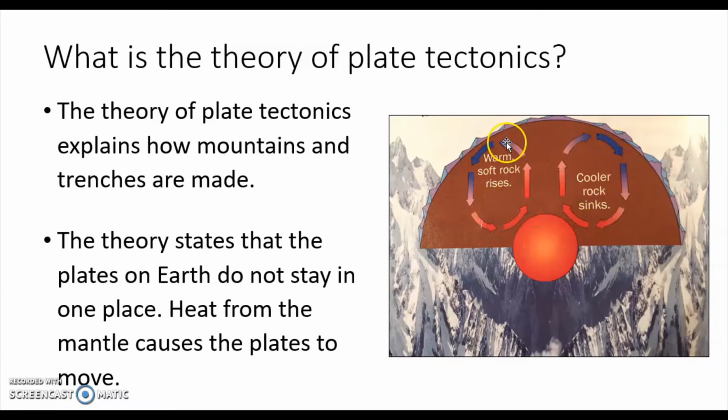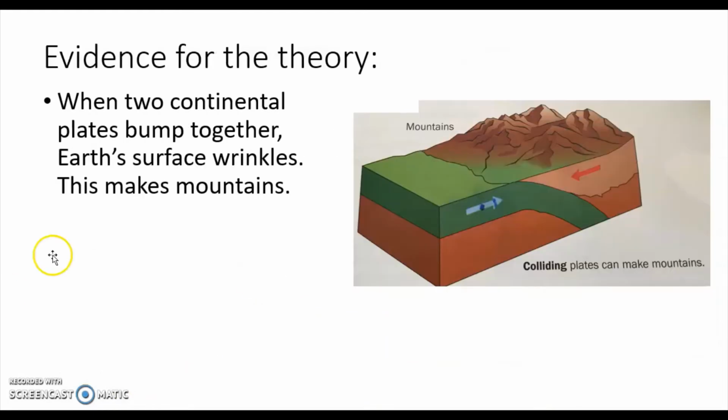Warm rock rises to the surface and cool rock sinks to the mantle, to the bottom. So the theory states that the plates on Earth do not stay in one place. Heat from the mantle causes the plates to move, because remember, the warm rock is rising and it moves the plates.